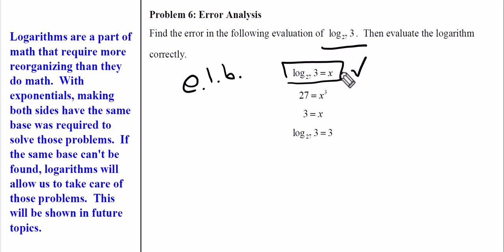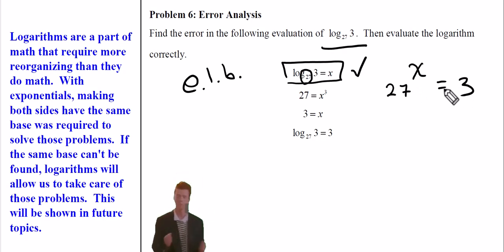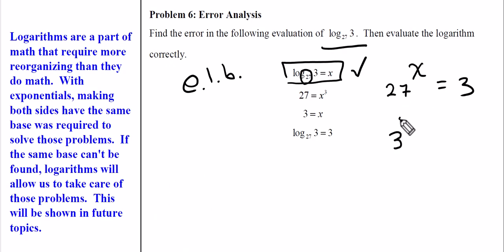So the exponent is a thing by itself. This is the base on here, the 27. And that should be equal to 3. Good golly. Poor chap. And now we have to make the base equal to b itself. So that's 3 to the third is equal to 3. Right? Because 3 times 3 times 3 is 27. So that's 3 to the third power. This is the 1 power.